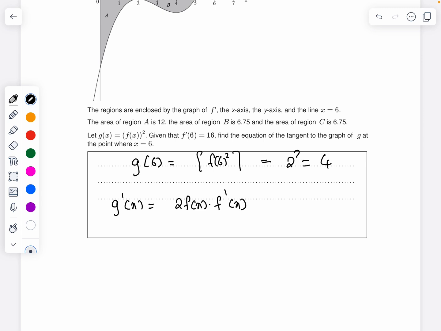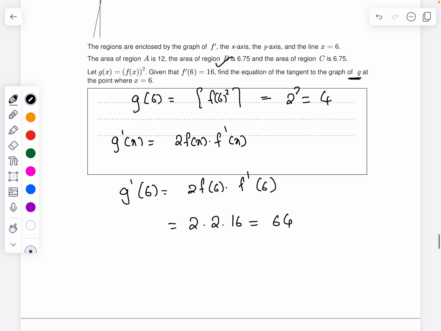I am looking for the equation of the tangent to the graph g, so I should be able to find g prime 6. g prime 6 will be 2 f of 6 times f prime of 6. We just found f of 6 as 2, and f prime 6 is given as 16. So it is going to be 64.